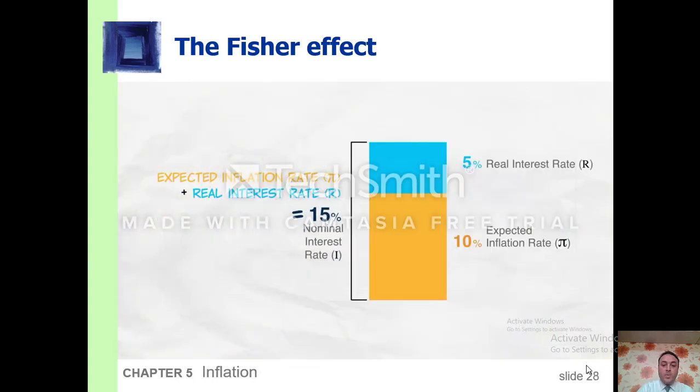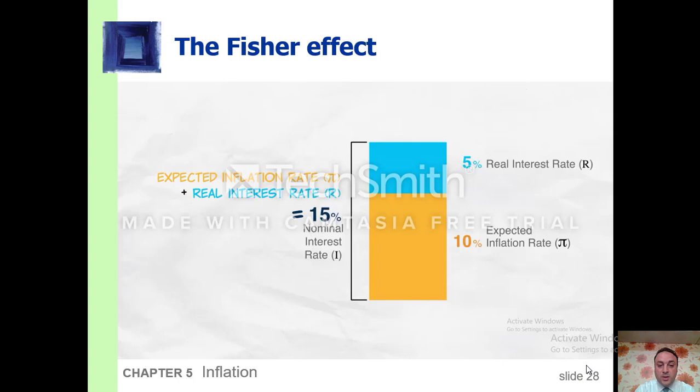Now we can see that the real interest rate is 5%, and the expected inflation rate will be 10%. So the nominal interest rate should be 15%, according to the Fisher effect.